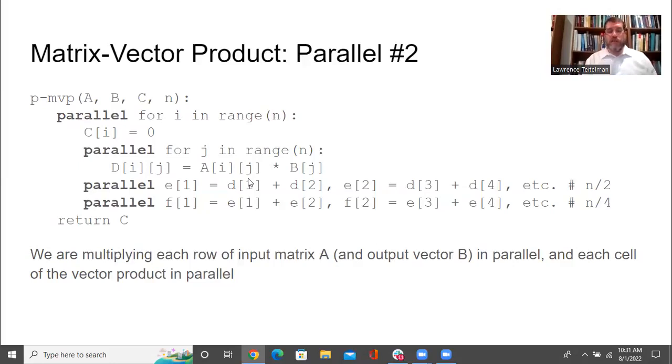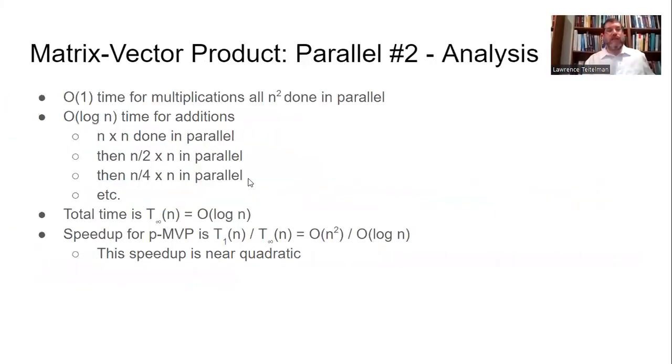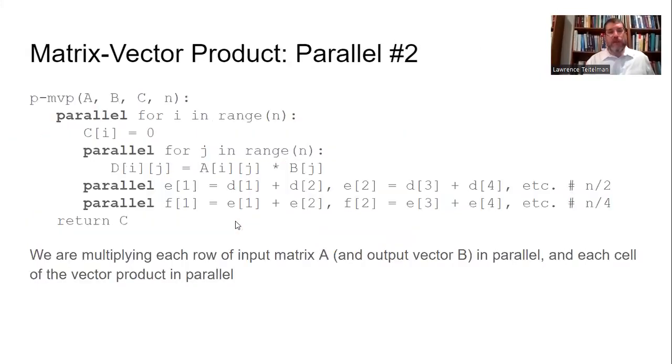So look at our new time complexity. We have O of 1 time for multiplications, all n squared done in parallel, but we have to do our additions in this careful way so that we don't step on each other's toes, and it's log of n time. So our total time is log of n. Why log of n? Let's go back to the code for a second.